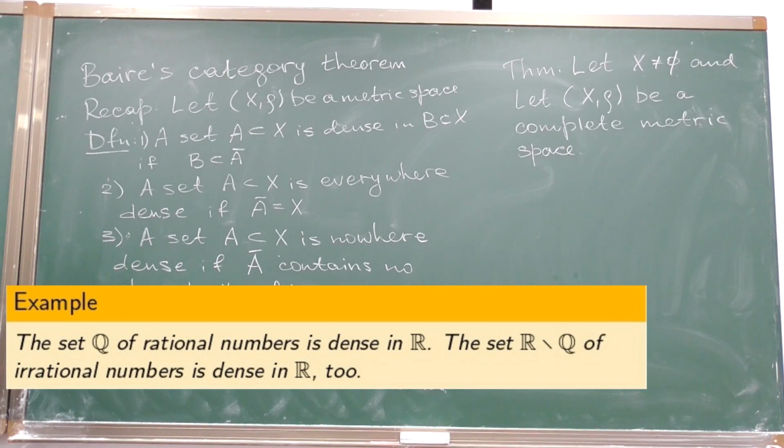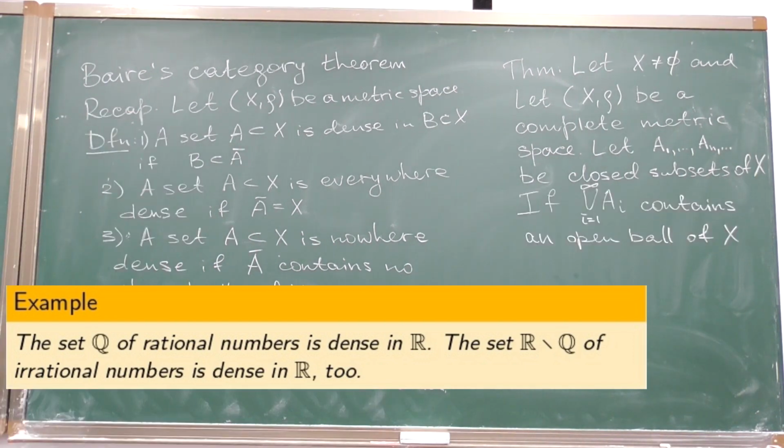And also let us consider a collection of closed subsets A_i of the set X. The statement of the theorem asserts that if a union of these sets contains an open ball, then at least one of these sets contains this open ball.